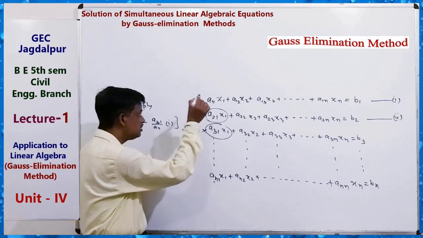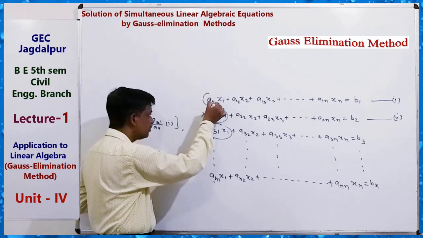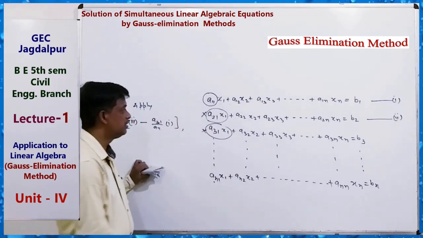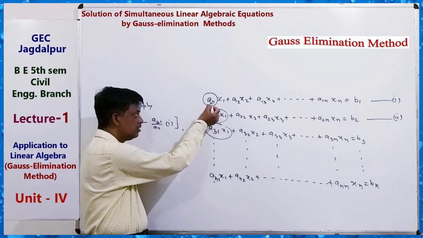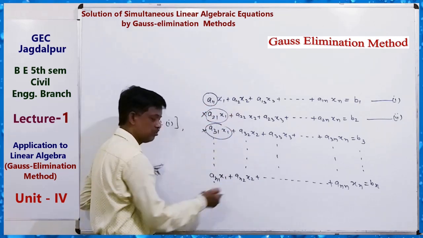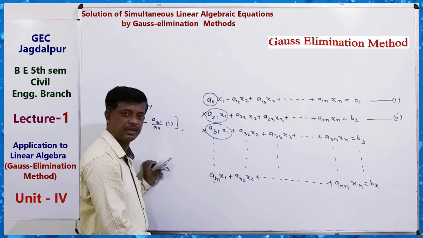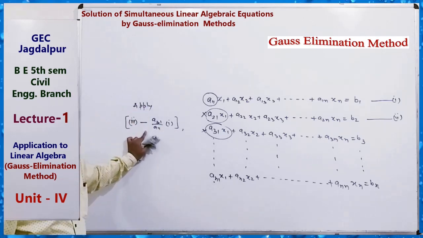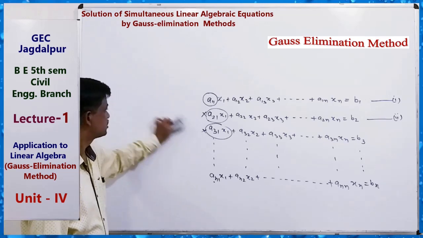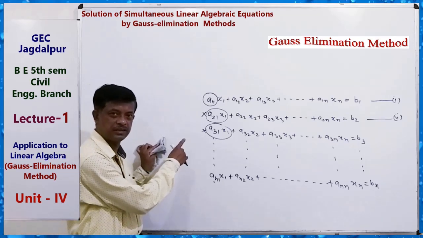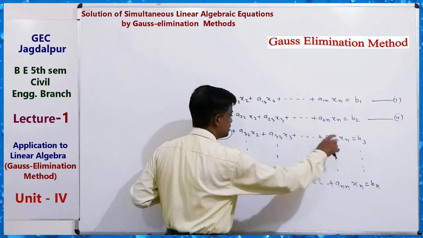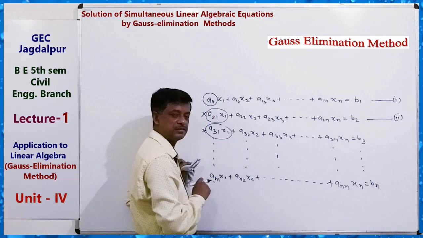So by using this value, if it is not equal to 0, then we can eliminate all the x1 from the remaining equations by applying this technique. Here all values will change.